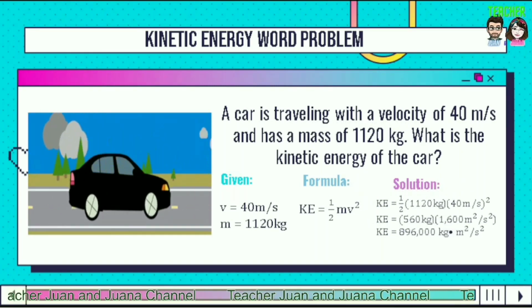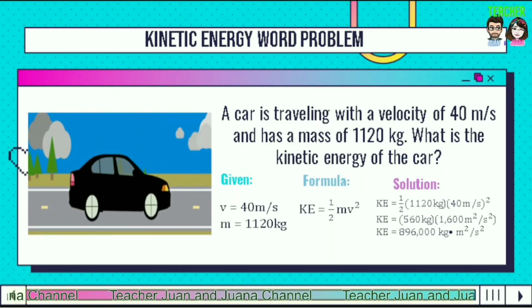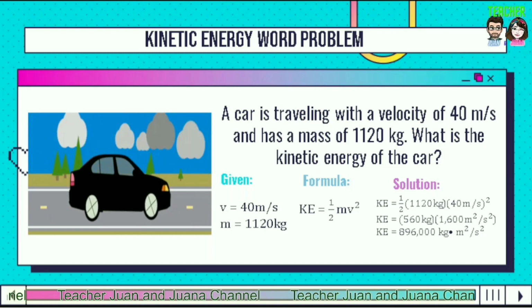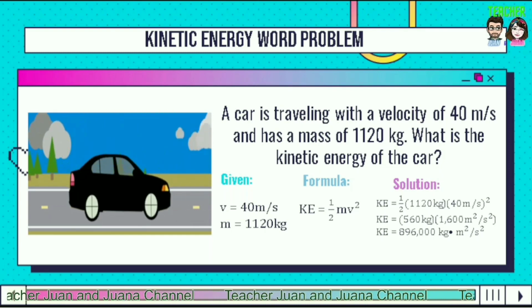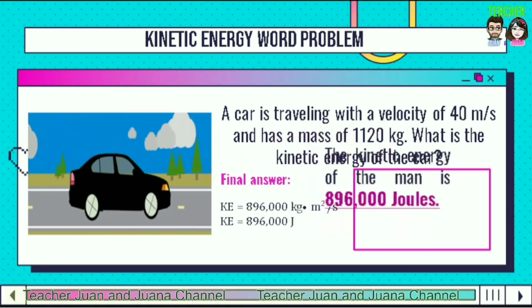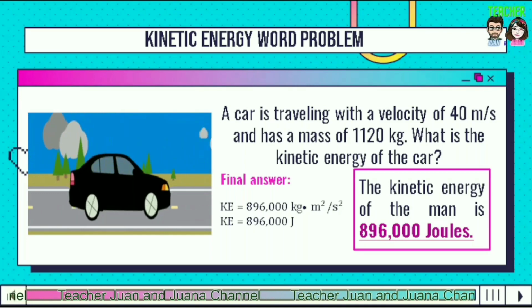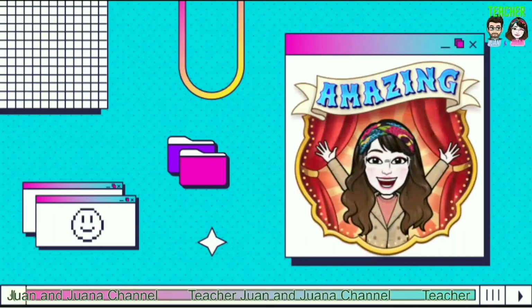Then solve for it. The result is 896,000 kilogram meters squared per second squared. Did you get that? You did great. And for the final answer, the kinetic energy of the car is 896,000 joules. Did you get that? Wow!